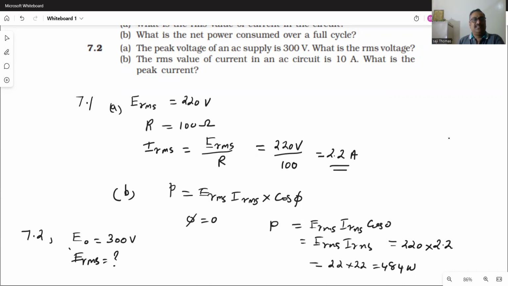What is the equation? You know the equation for ERMS and peak voltage. RMS voltage, ERMS equals E0 by root 2. E0 is given, and you have to find out ERMS.